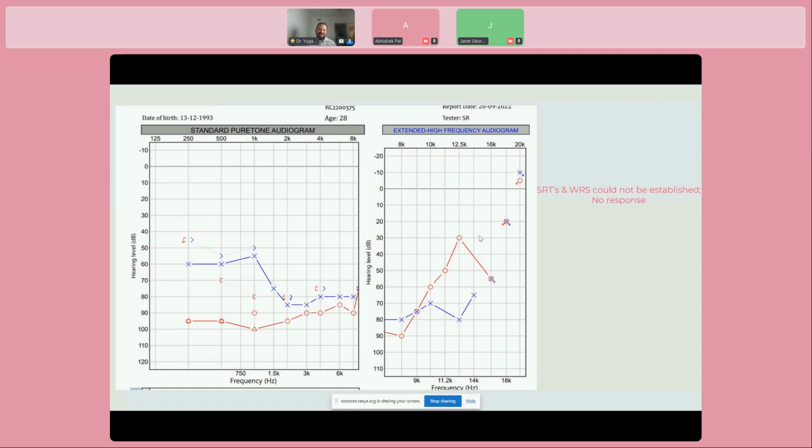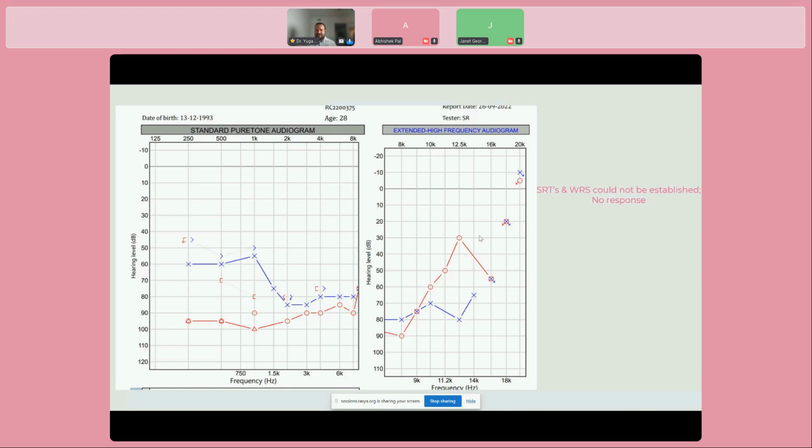So consider it a potential life-threatening condition, take these as a red flag and try to rule out any retrocochlear pathologies.